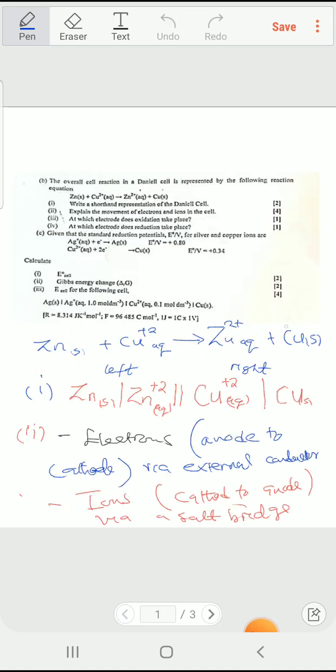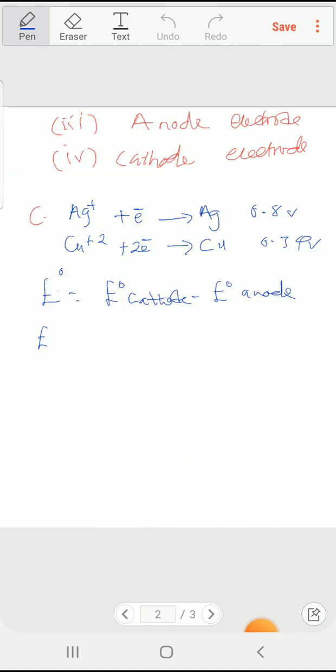Remember, these are both positive. What you need to do is look at the one which has the least reduction cell potential, and when you find it, you reverse the direction, and it becomes the oxidation.